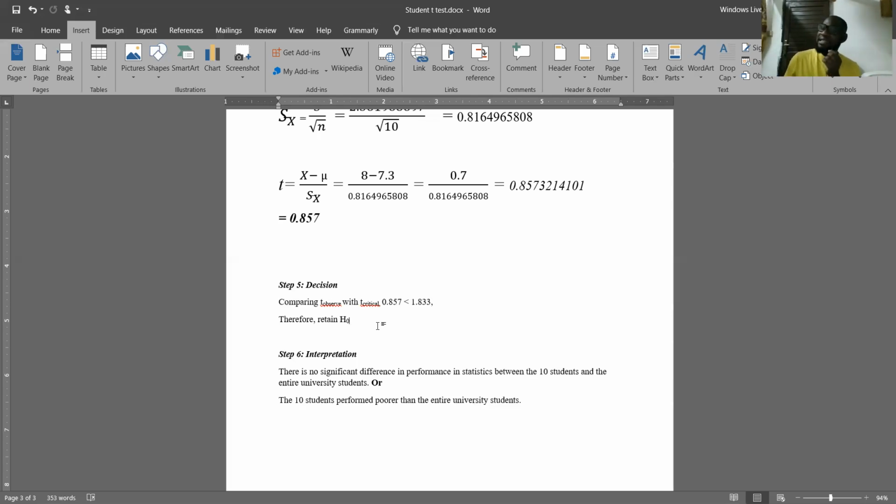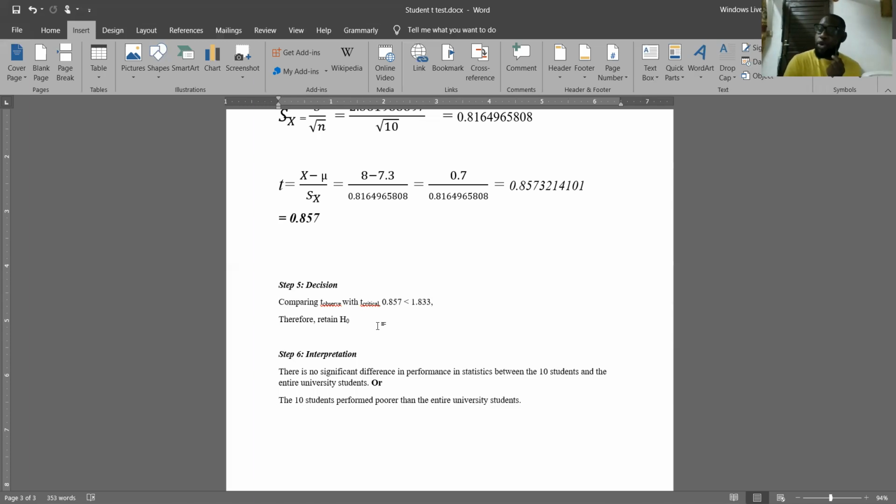So for us to select one of the hypotheses, we needed to go through all the hassle, and we've made a decision. The decision informs us whether to accept H0 or H1. Per our decision, we are retaining H0. It means that under the interpretation, we should state the H0 hypothesis because that is what we are accepting.